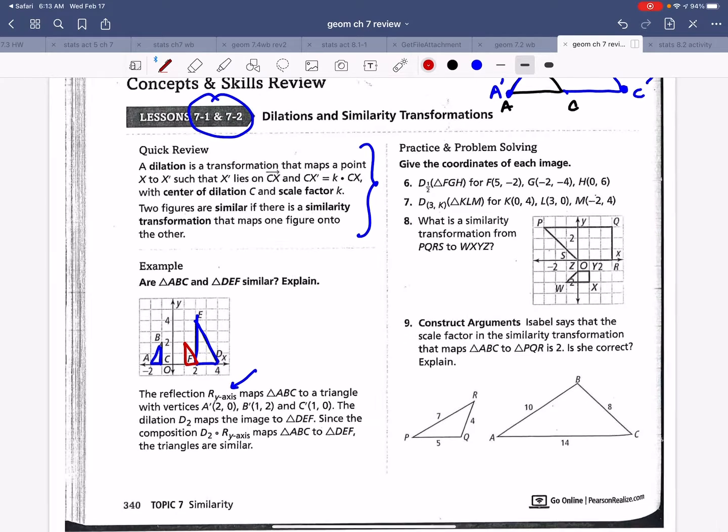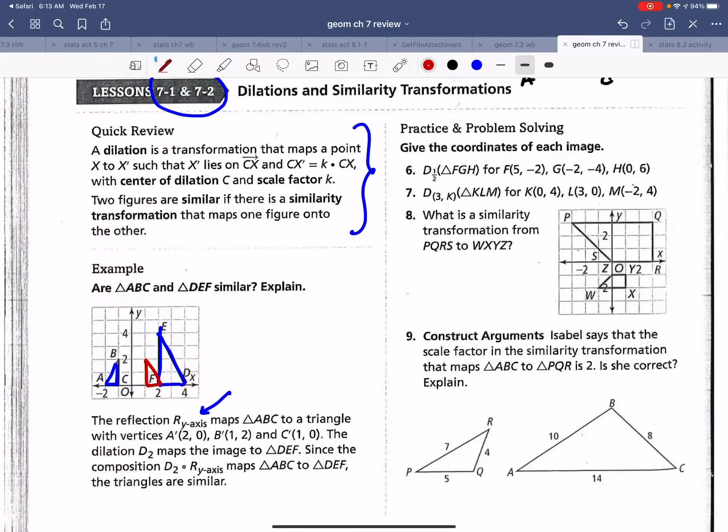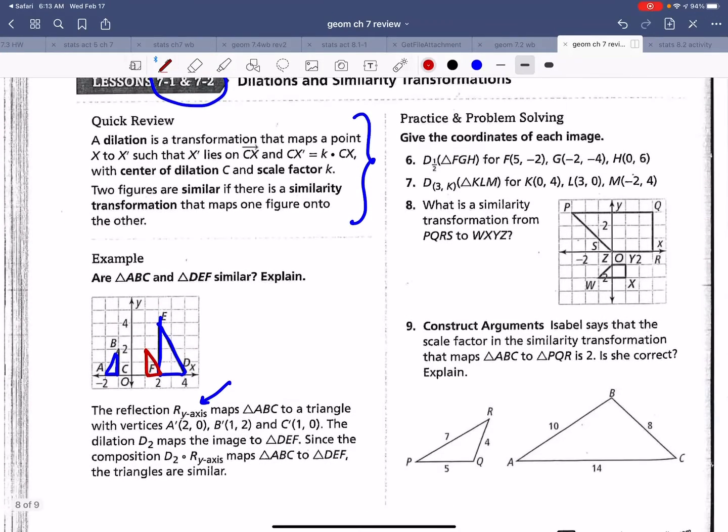Now looking at number 6, it says, what are the coordinates for D 1/2? Okay, so that means we have to multiply each one by 0.5. So F prime would be 2.5 and -1.